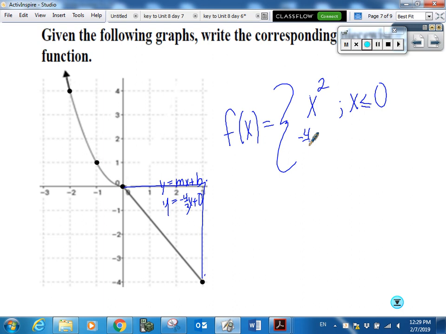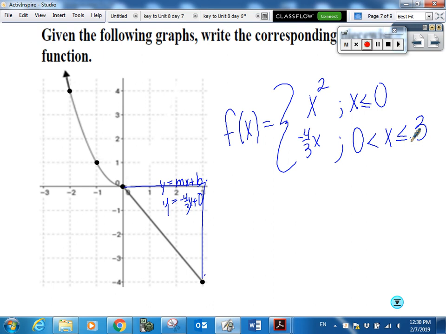So -4/3 x. And we have a start and an end point. The lowest value is 0, the highest value is 3. We already included the 0 in our parabola, so we can't include it in our line. The 3 is included, so it has to have an equal sign.